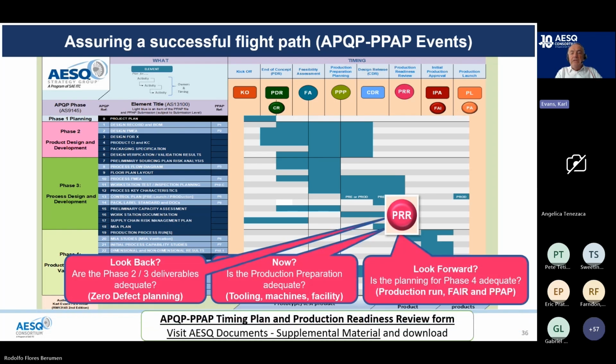It was mentioned earlier, and it's the production readiness review event. It's sitting about 2/3 of the way over on this diagram. That isn't necessarily the real life timing on what's taking place in APQP, but what it does do is it gives a checkpoint between the phase 3 and phase 4 transition point.